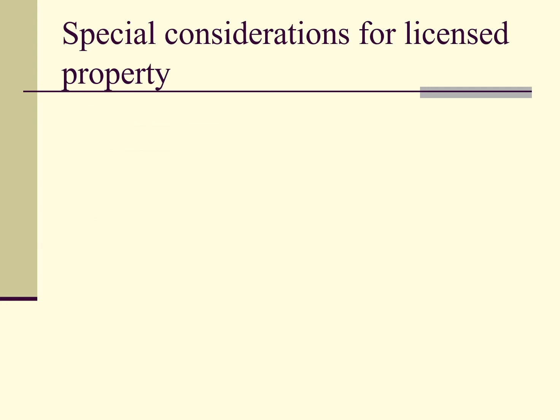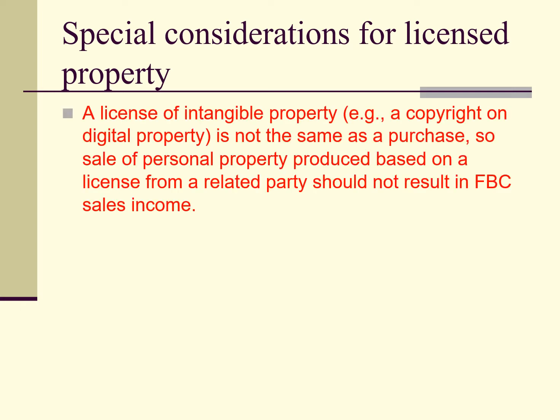FBC sales income requires, among other things, the purchase of personal property from a related party. What happens if there is a license of property instead of a purchase? A license of intangible personal property, for example, a copyright on digital property, is not the same as a purchase.